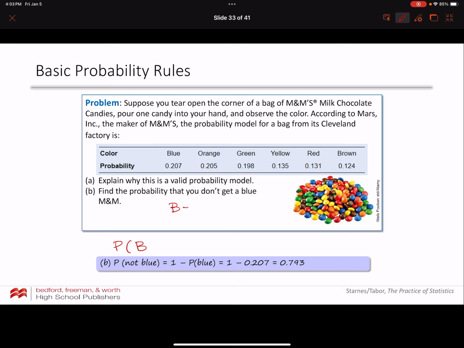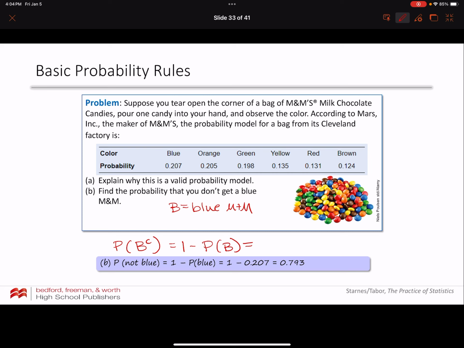If I define B to be picking a blue M&M, the probability of B complement is 1 minus the probability of getting a blue M&M, which is 1 minus 0.207, so 0.793. That's your complement rule along with the notation.